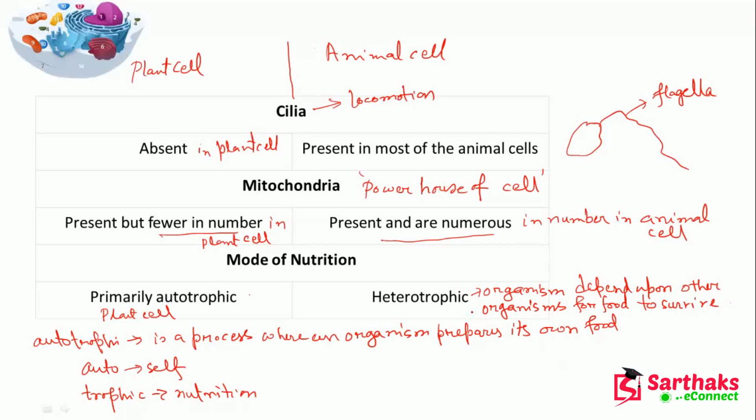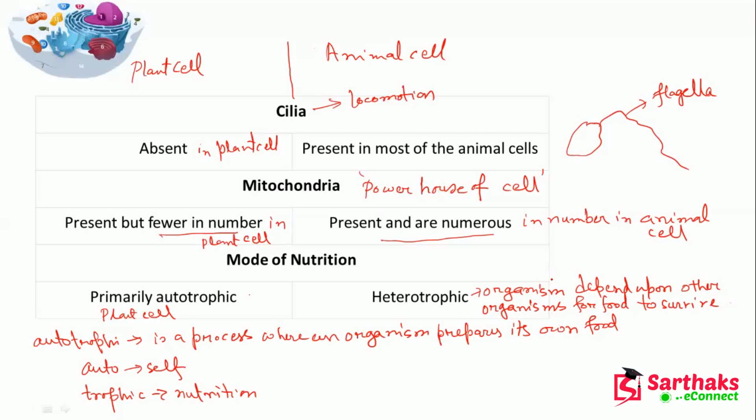You can see herbivorous, carnivorous, omnivorous, and for the ecosystem also we can see that.